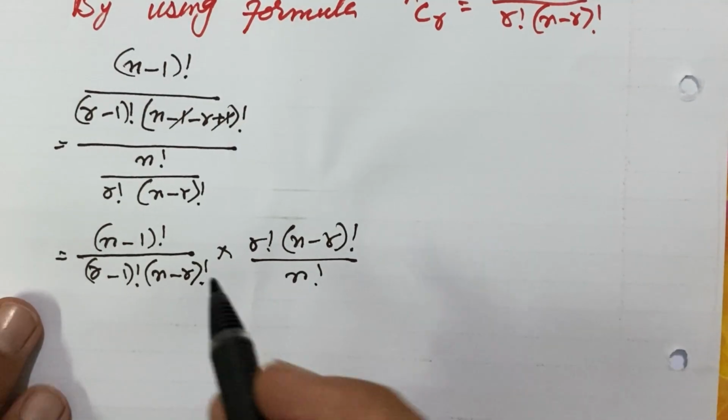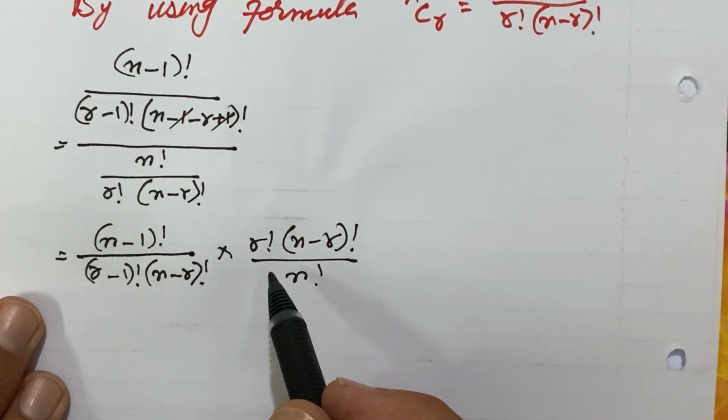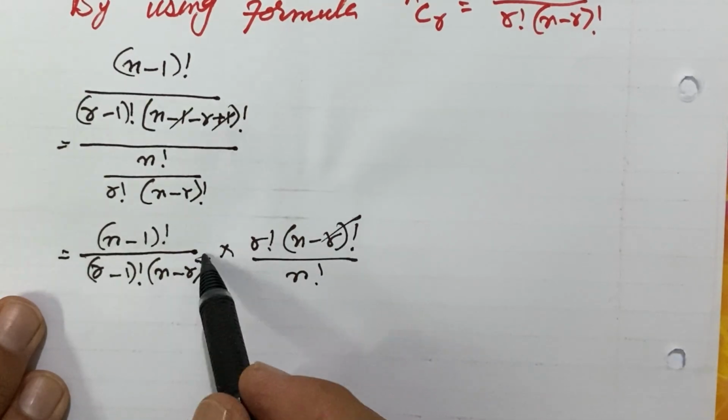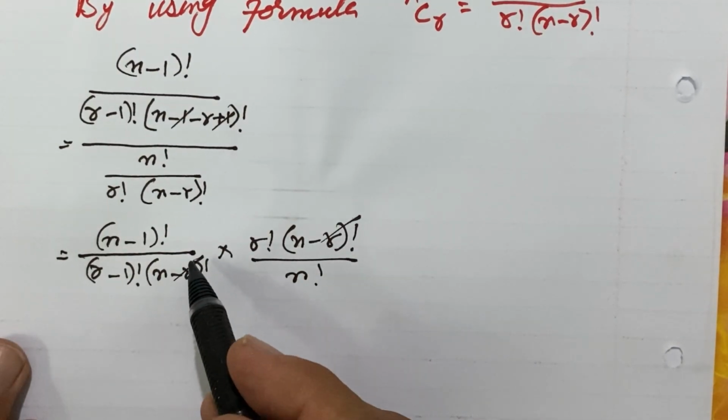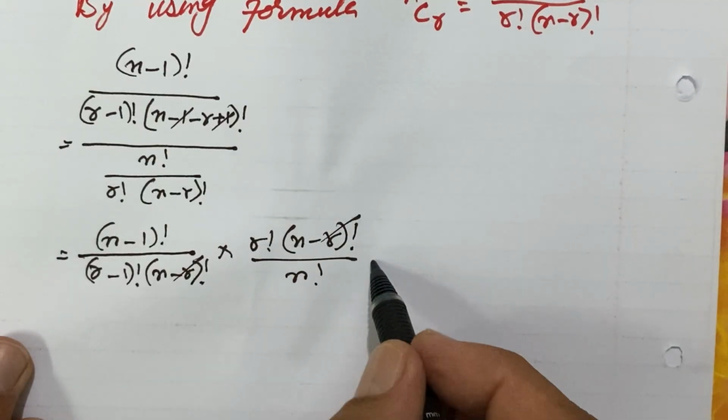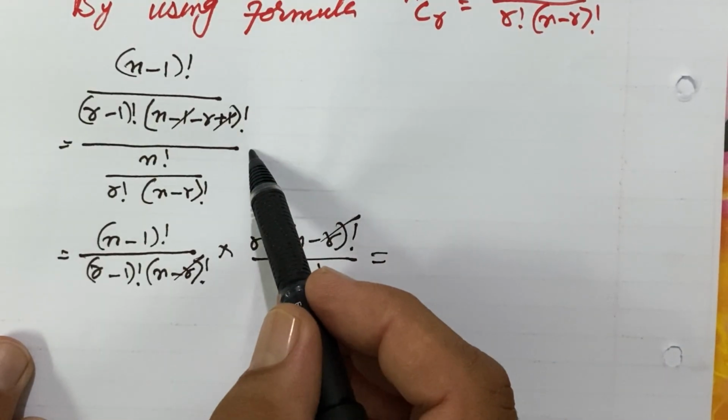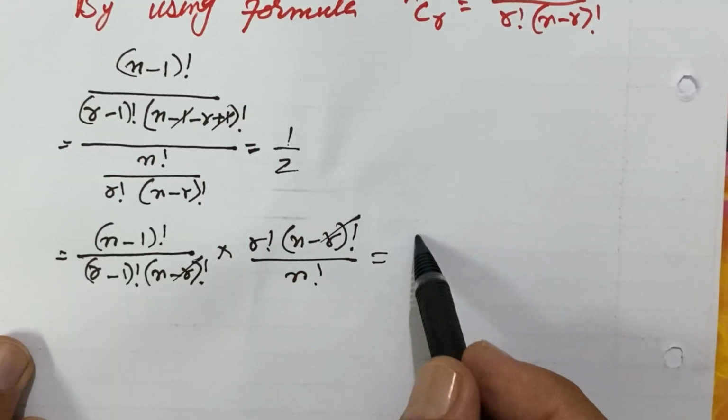We bring this into the numerator. Now we simplify it. These terms are cancelled. Now it is equal to 1 by 2.